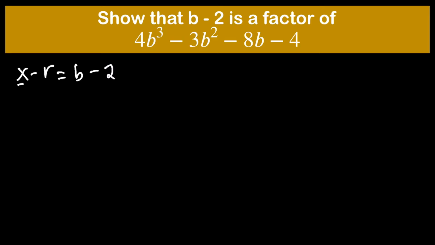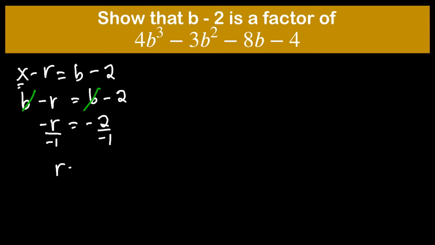But again, we can replace x here by any variable. So we can have this as b minus r equals b minus 2. If we cancel out b here, that will give us negative r equals negative 2. And if we divide both sides by negative 1, that will give us r equals positive 2. So our r is positive 2.